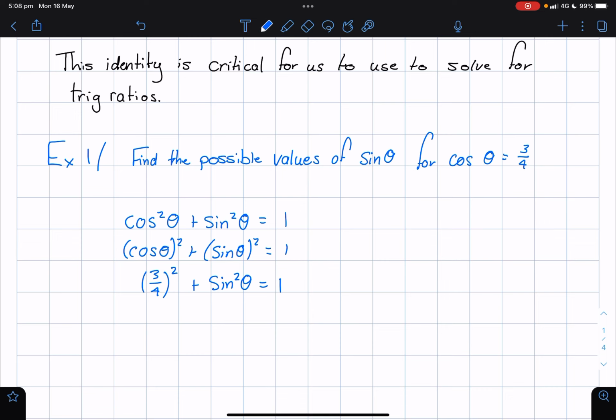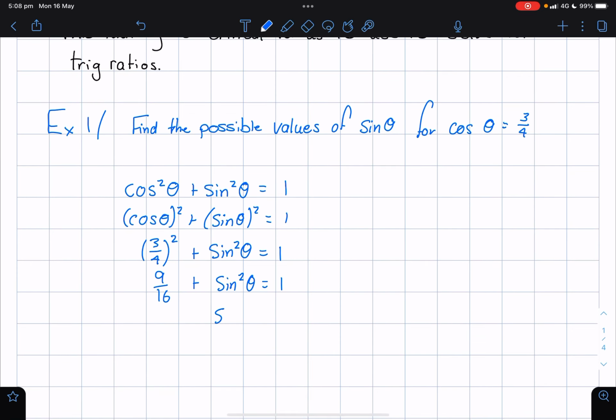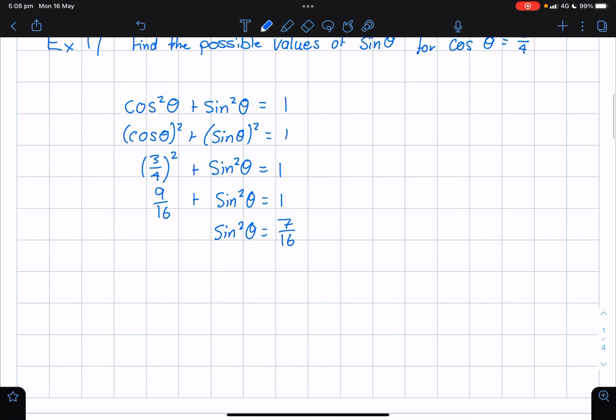Now, 3/4 squared is 9/16, plus sine squared theta equals 1. Take away 9/16 from both sides, so sine squared theta equals 7/16. Remember how sine squared theta equals sine theta all squared. The way we get rid of a square when we're rearranging and solving equations is to take the square root of both sides.